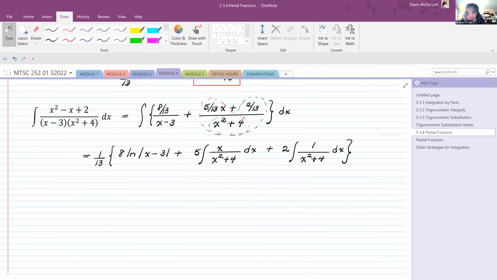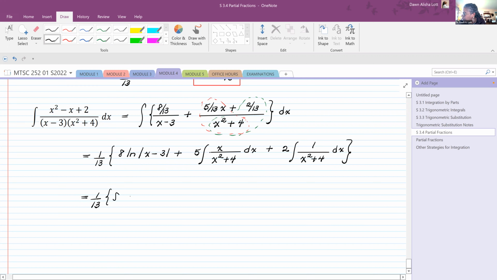Okay, so that becomes 1 over 13 I'm going to get 8 times the natural log of the absolute value of x minus 3. Plus, this is going to give me 5/2 the natural log of x squared plus 4. And this is going to give me 2 times, well, look, something we haven't seen in a bit.